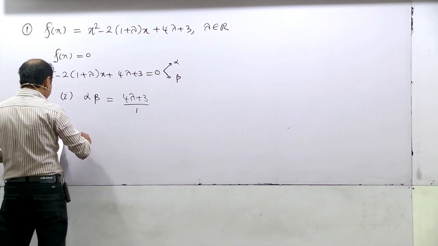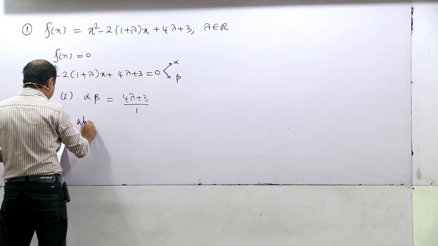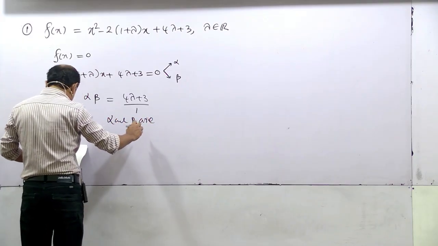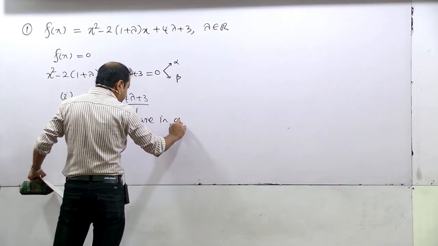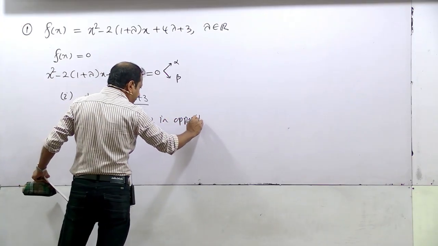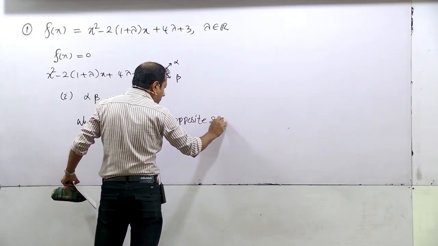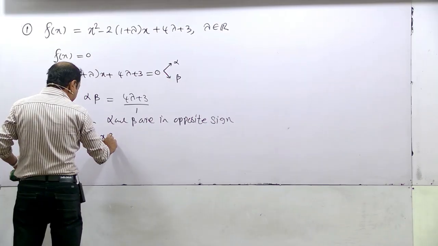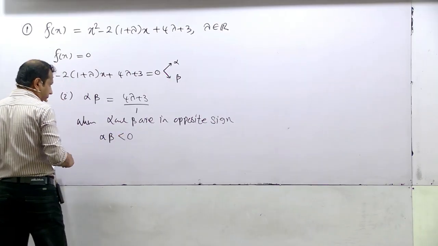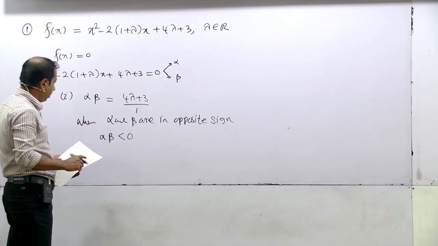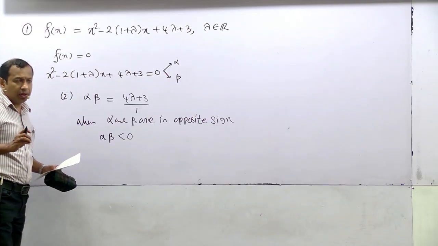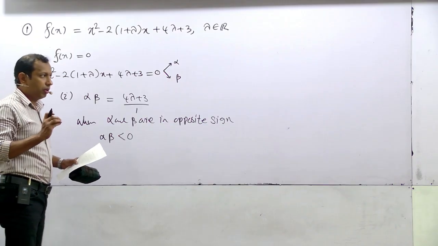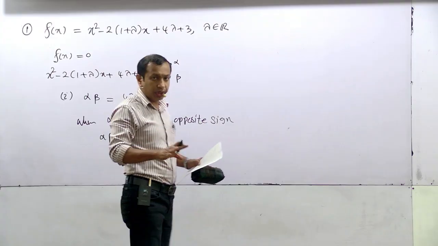Then you can write, when alpha and beta are in opposite sign, alpha beta product should be negative. Alpha plus beta we can't say anything, because alpha plus beta can be positive or negative.